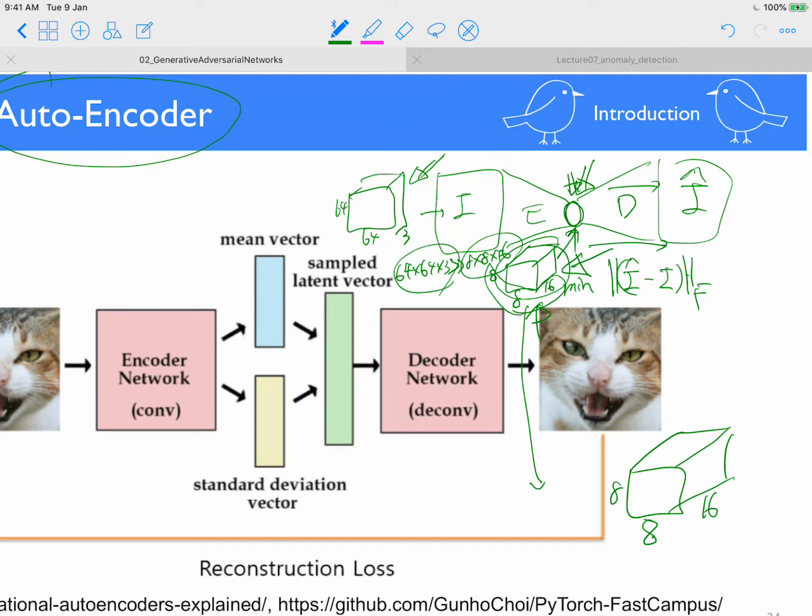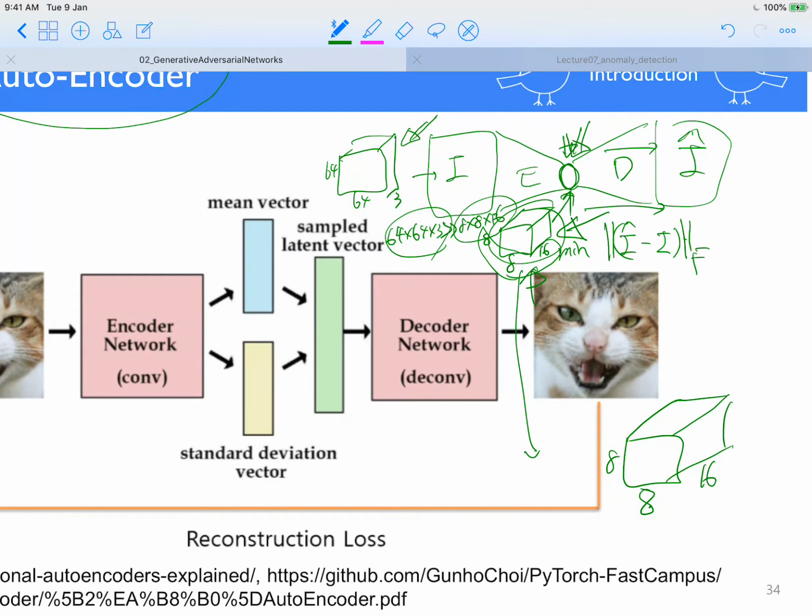So it generates two sets of activation maps. If you remember gated linear units, it's basically a variant of a conv layer that also generates two sets of activation maps.